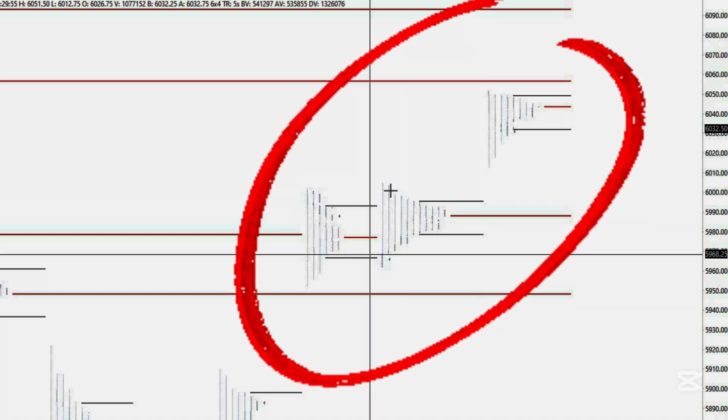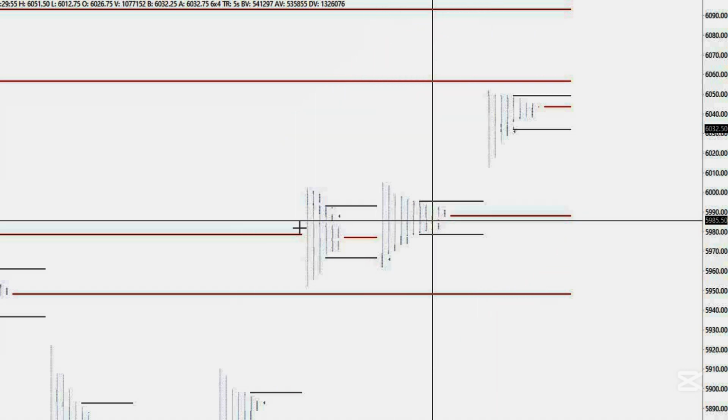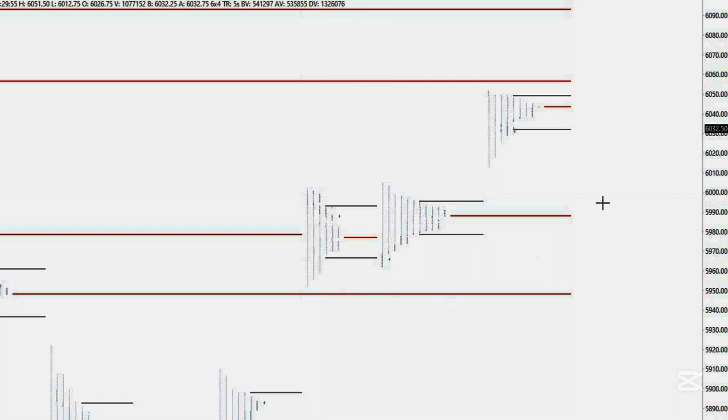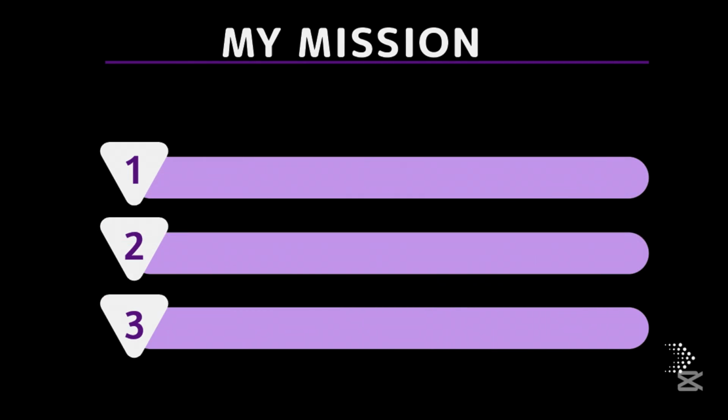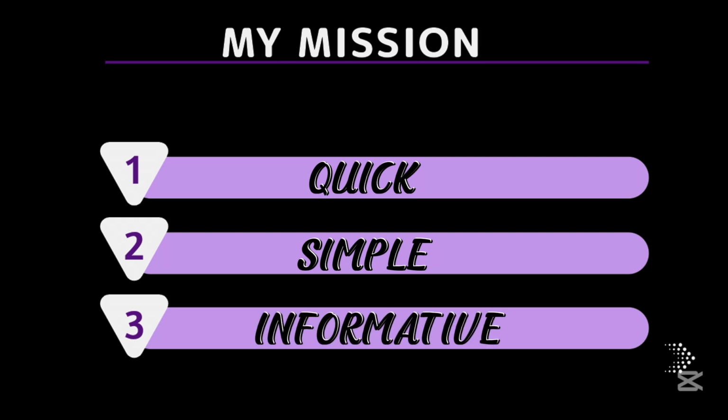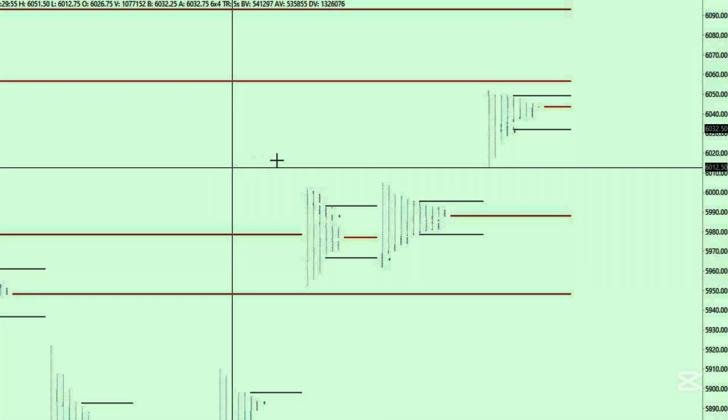Now the market profile is a tool that can help you to see how much time traders are spending in each price level. My aim here is to make it as quick as possible and informative to learn a lot about this tool, because this tool is very important.